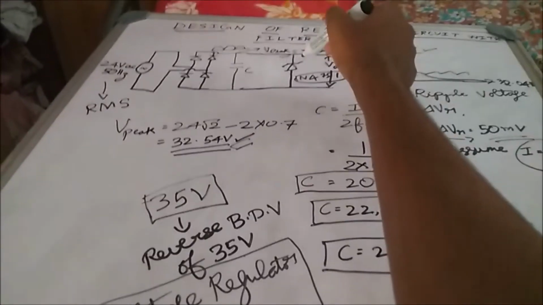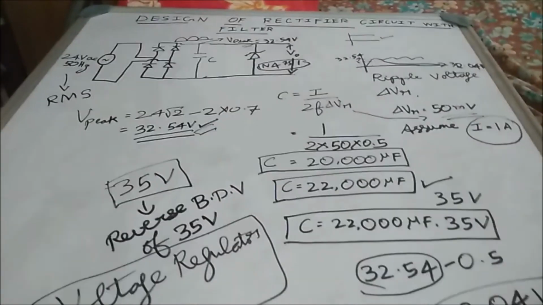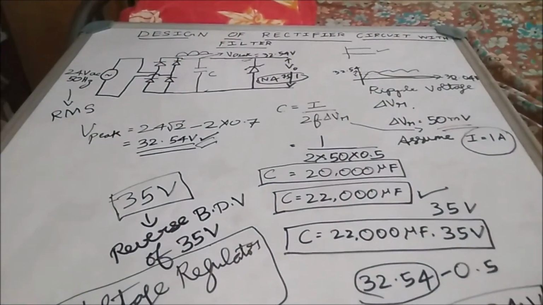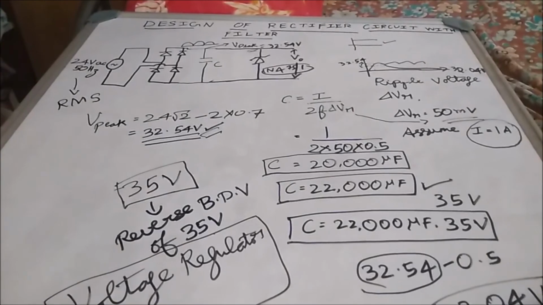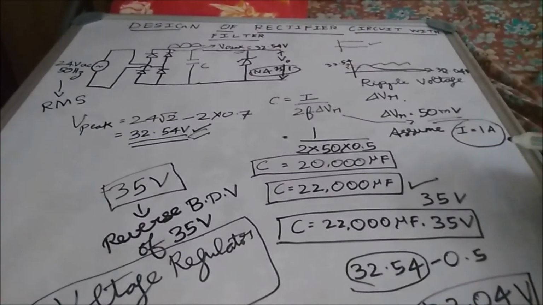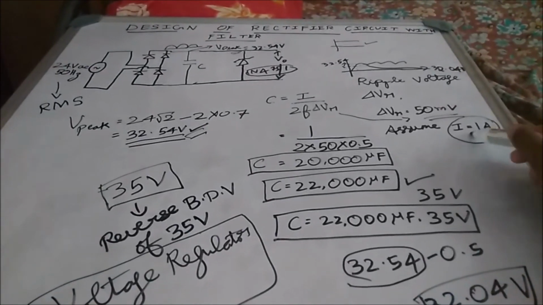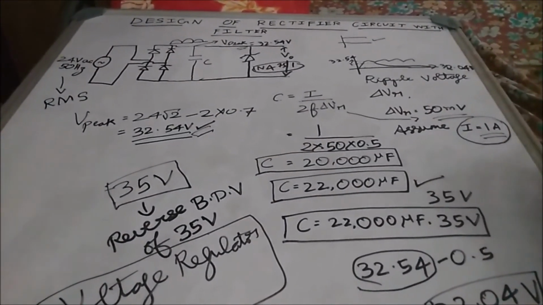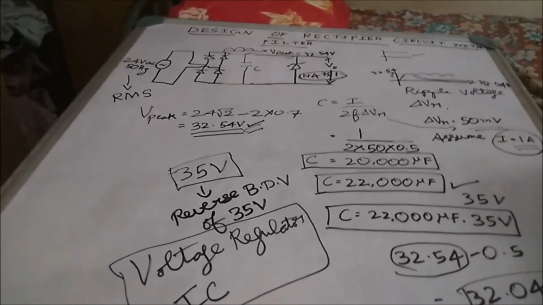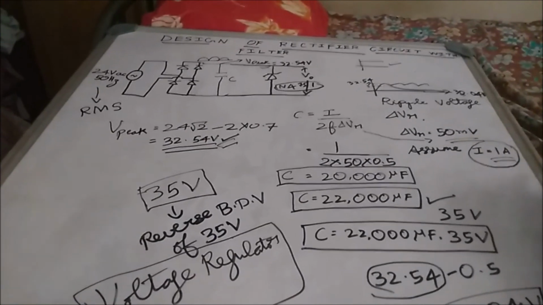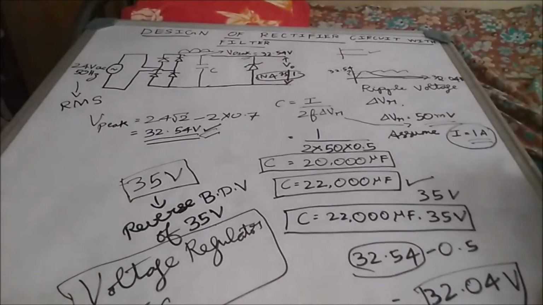Even the Zener diode here does the same function to get the stabilized output. So after connecting the Zener diode, we end up getting a stabilized output. But I have connected a Zener diode because the output current is just 1 amp. So in most applications, as I said, a voltage regulator IC is used. So it's a very simple design.